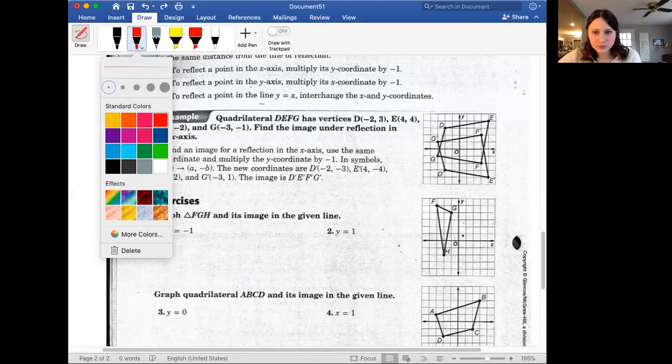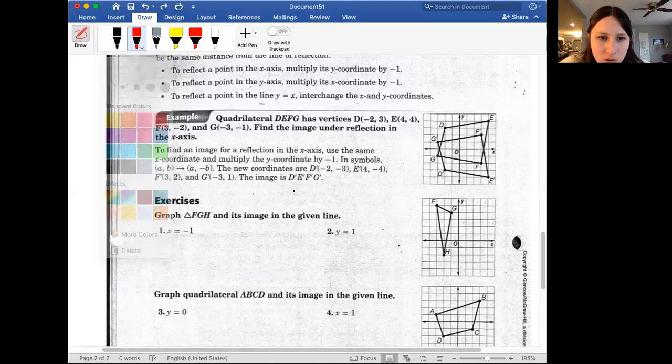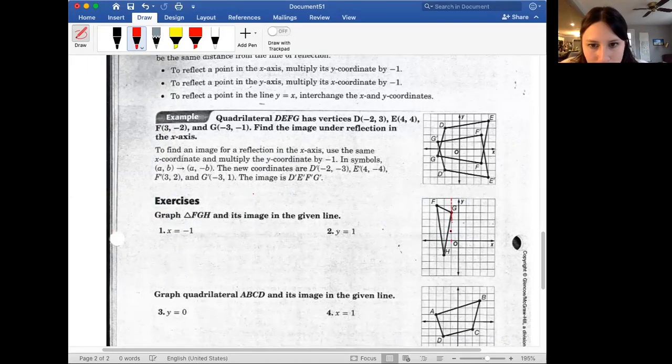So what I would do is draw a line that goes through negative 1 on the x, which means this is my line of reflection. And I'm going to reflect my image. The nice thing here is you can really just count the reflection out. You don't have to do any math really.